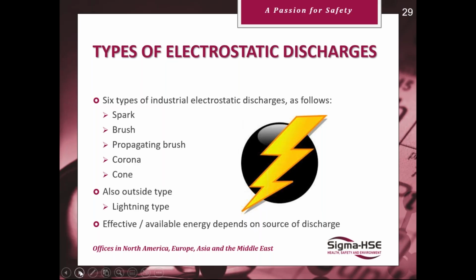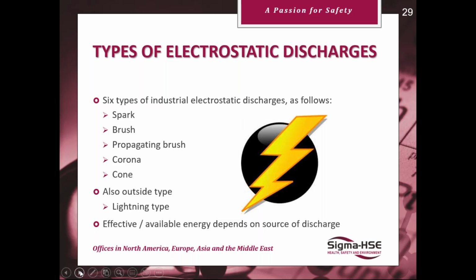Now, how does it get rid of itself? How do we get rid of that charge? Well, there are several ways discharge can occur. There's actually 6 of them. There's spark discharges, the most common, brush discharges, propagating brush discharges, corona, and cone.